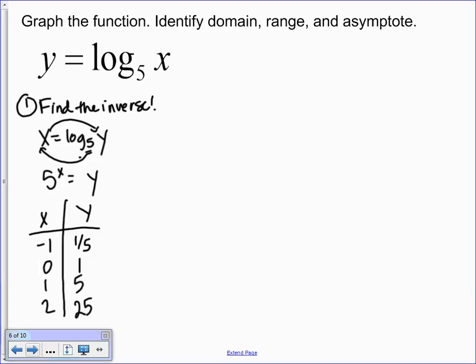Our goal is to graph y equals log base 5 of x. So step 2, is go back to log, okay?